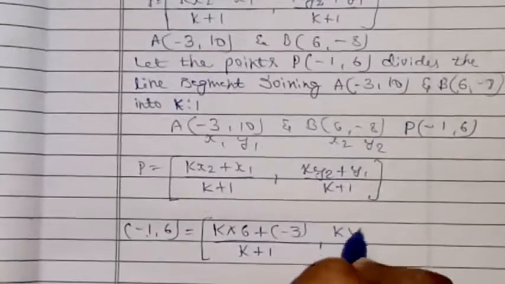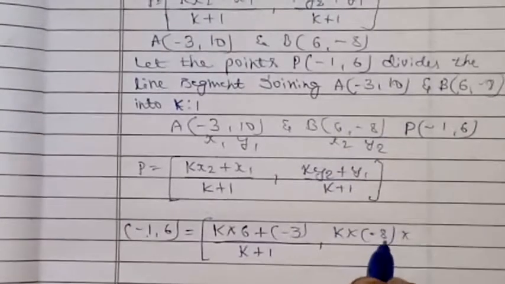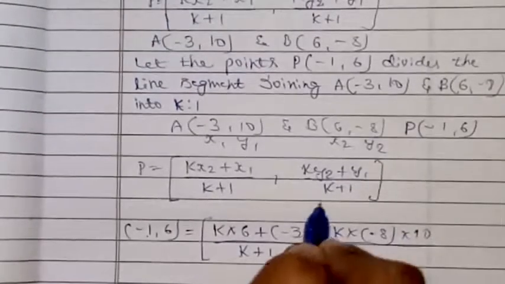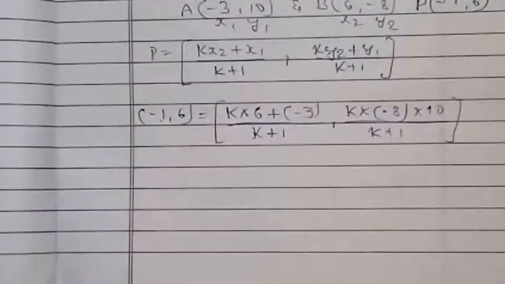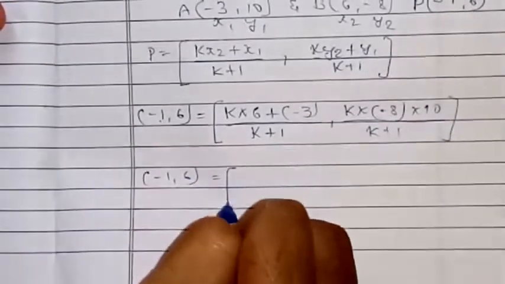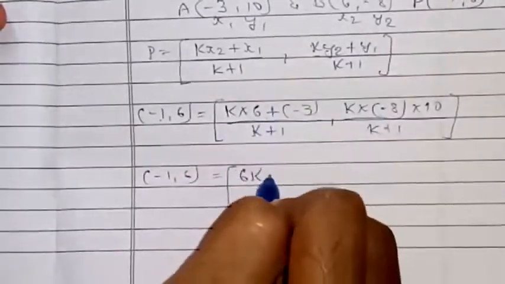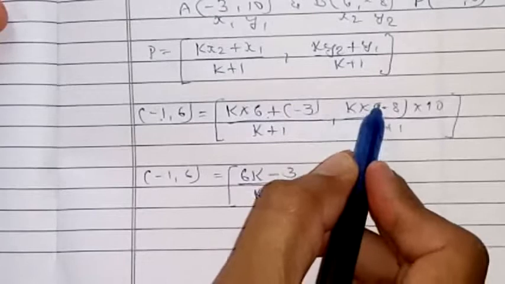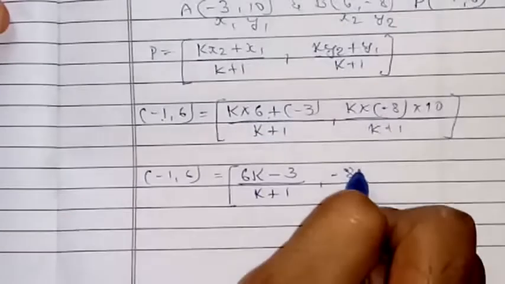Now k into, what is the value of y2? y2 is -8, plus the value of y1, which is 10, divided by k plus 1. Right, children? Now simplify this. So (-1, 6) equals 6 into k is 6k, plus into minus is -3, divided by k plus 1, and 8 into k is 8k, which is -8k.